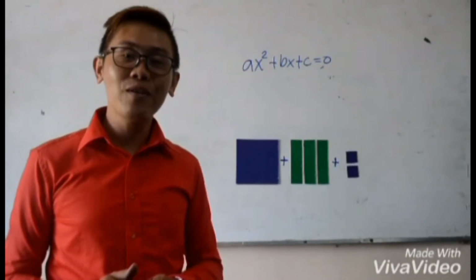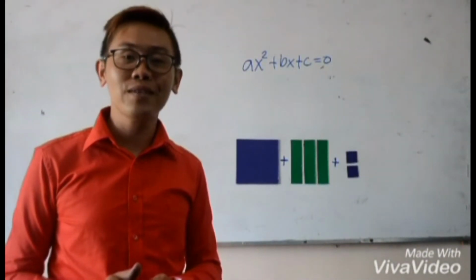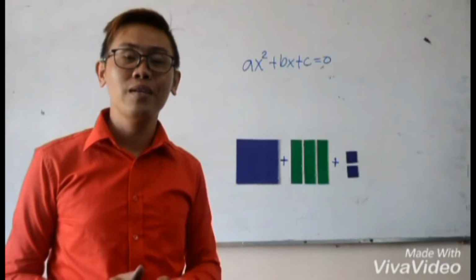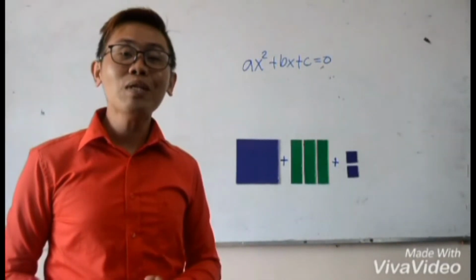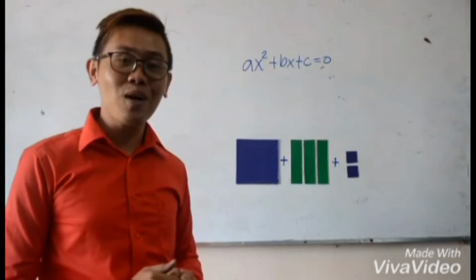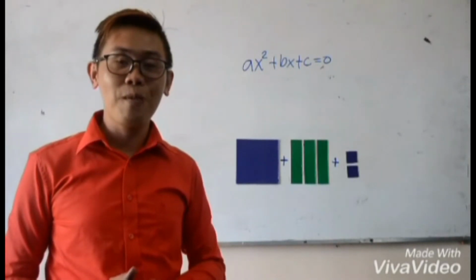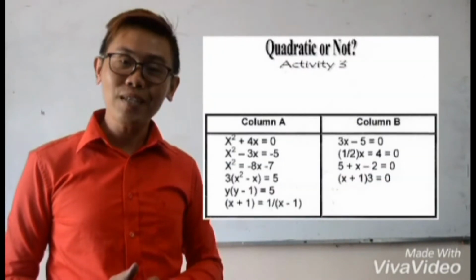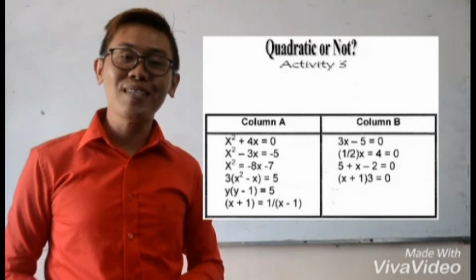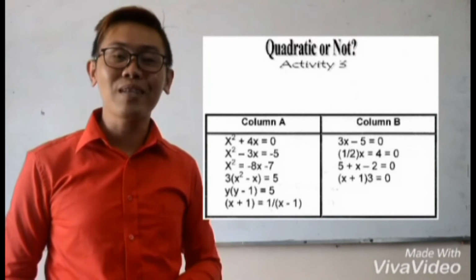I believe you are already through answering activity number 3. Now, you are going to check your answer based on the answer that I have. There are 6 quadratic equations and 4 not quadratic equations.